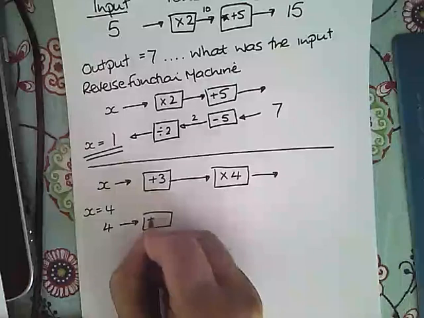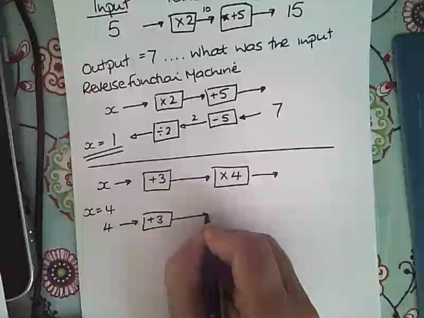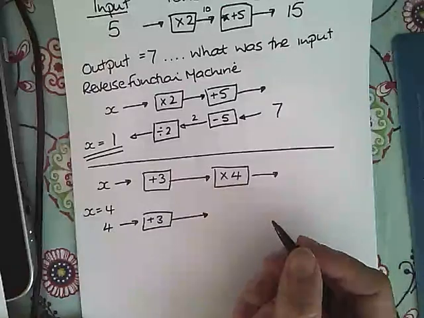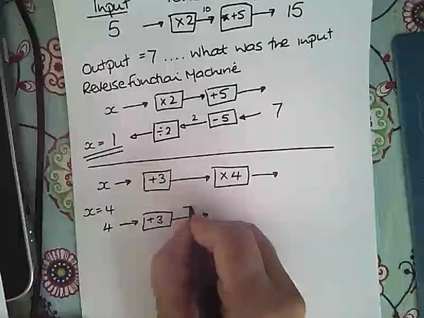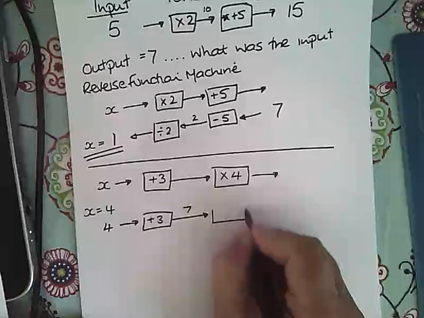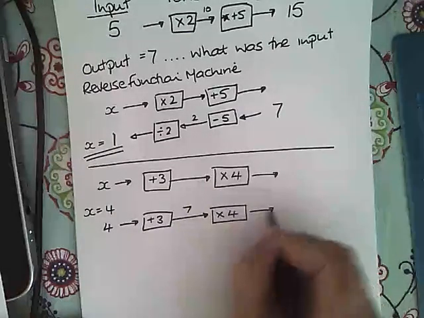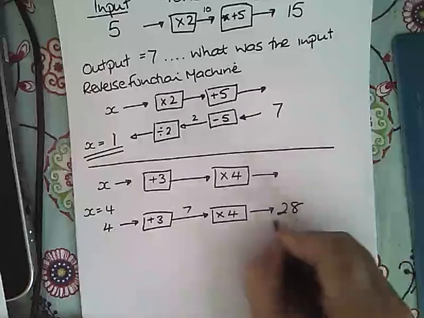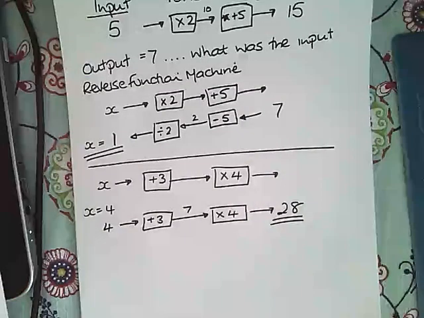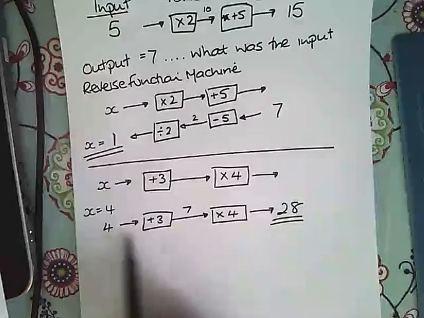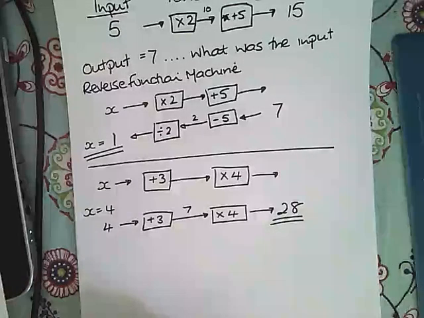I add 3 to it. 4 add 3 is 7. And then I'm going to times it by 4, and 7 times 4 is 28. So if I put my 4 into this function machine, the output would be 28.